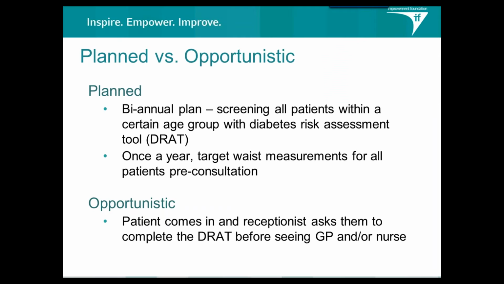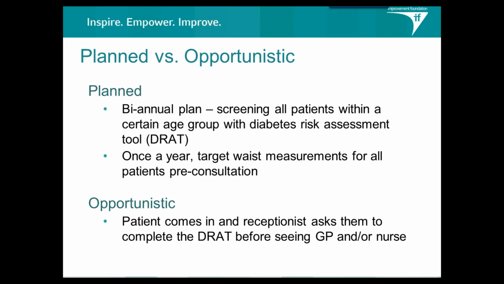We know from some research from the University of New South Wales that whilst blood pressure and smoking status risk factors are recorded well in general practice, waist measurements and BMIs are not routinely recorded well. So if that's something you decided you want to focus on, you could select a week once a year and ensure that all your patients who walk through the door have their waist measured and that waist measurement added and recorded appropriately in the patient record.